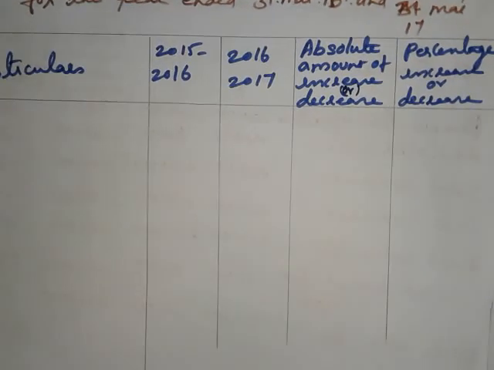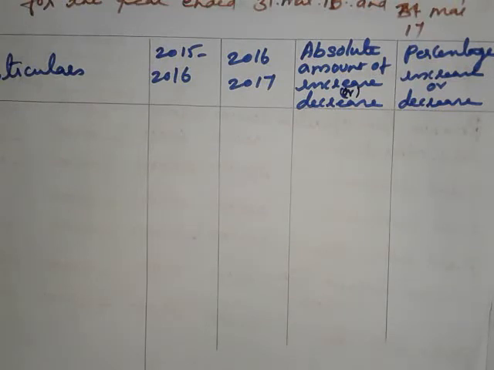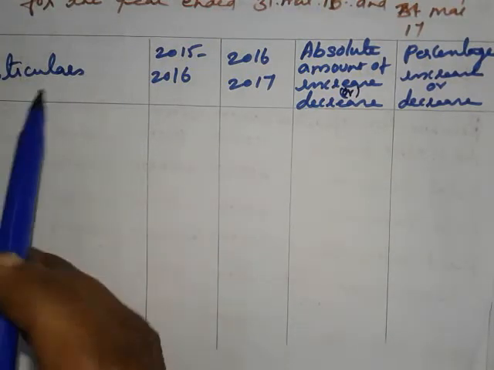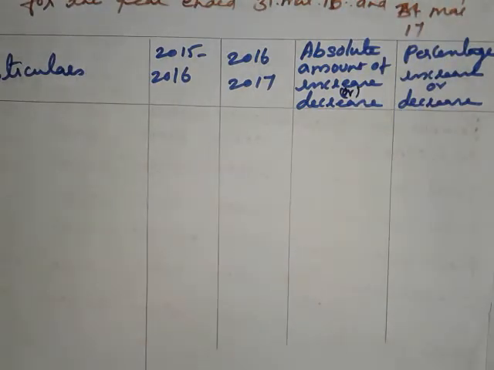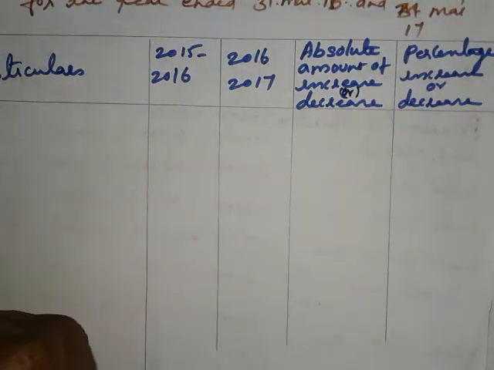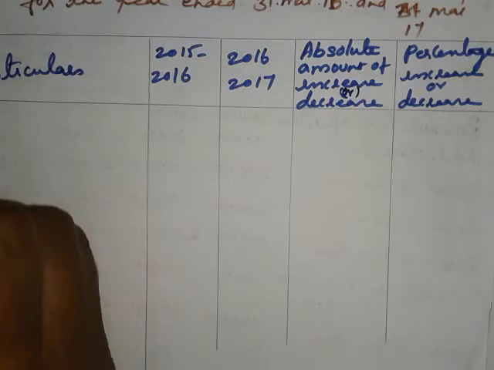Now, first of all you have to write the revenue from operations. The heading is very important for these questions. First we are moving to revenue from operations.